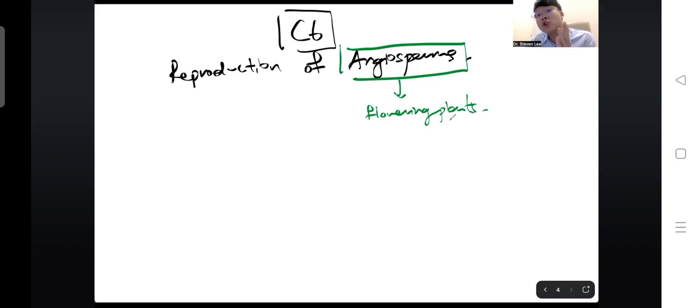The type of reproduction they do is called sexual reproduction, pembiakan seks. So in sexual reproduction, the most important thing is what? What's the main difference between sexual and asexual reproduction, guys? You should be able to tell me at this point of Form 5. What's the main difference between pembiakan seks and pembiakan aseks? The main difference lies in the word that starts with F, which is fertilization.